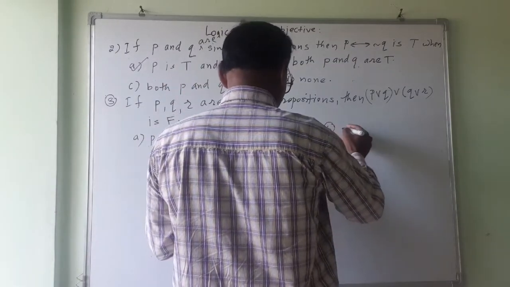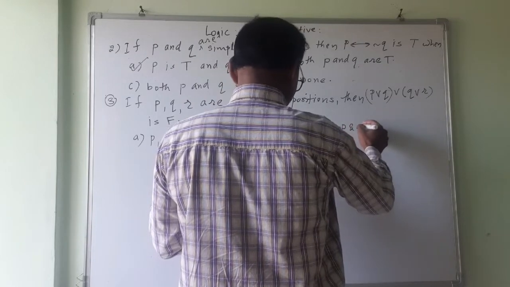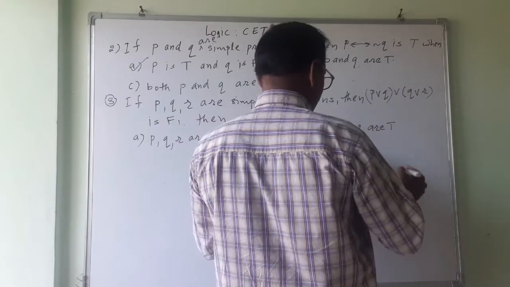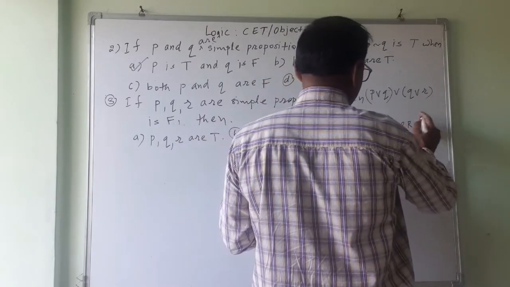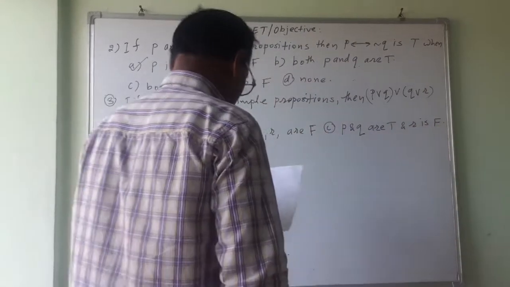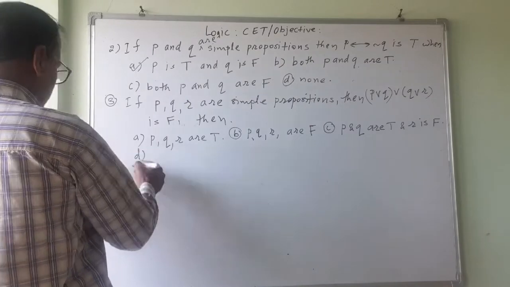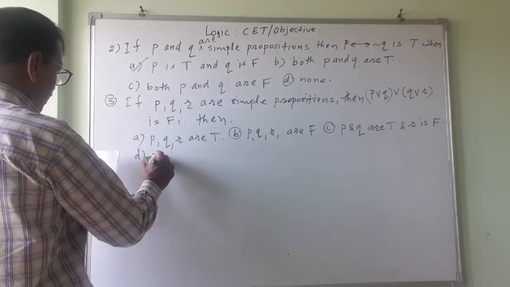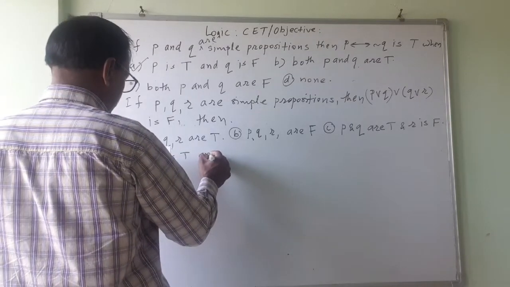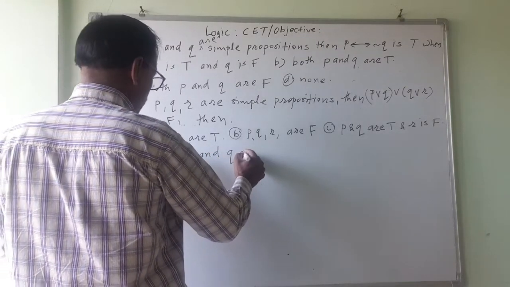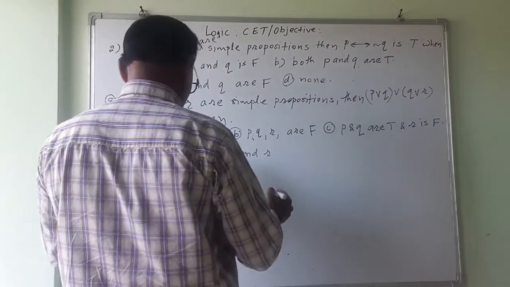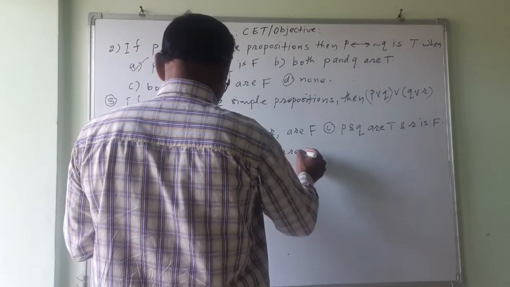C, P and Q are true and R is F. And D, P is true and Q and R are F.